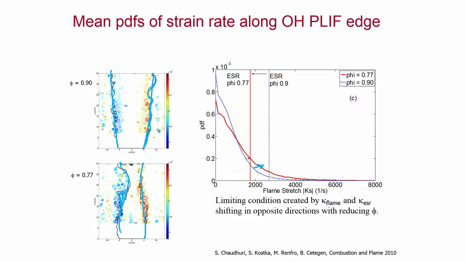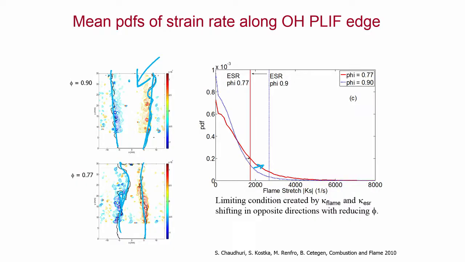While the flame was a conical flame, it was enveloping the Kelvin-Helmholtz vortices, but as the equivalence ratio is reducing, the flame becomes a columnar flame, because its flame speed has reduced, and to balance with the local flow field, the cone angle reduces. It can be easily shown, you should show it actually, how the flame cone angle reduces and it becomes more columnar as the flame speed is reduced.